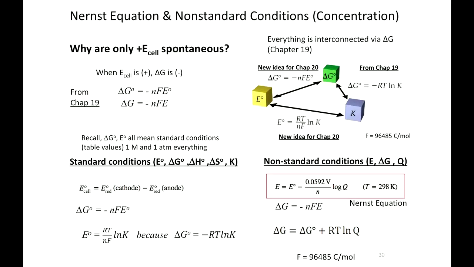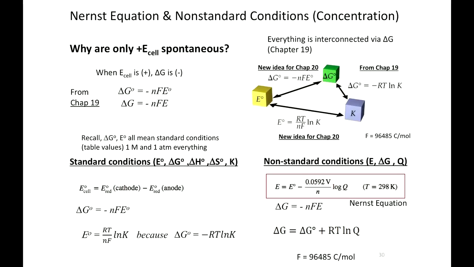But do we have to set up our batteries using 1 molarity of things? No, we can use whatever concentrations we want. But then the calculation is a little bit different. In non-standard conditions, we have to use what we call the Nernst equation, which takes into account those concentration differences that deviate from standard conditions.